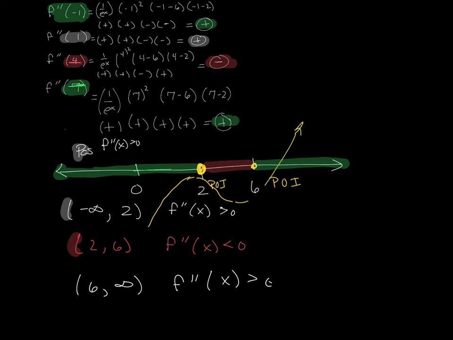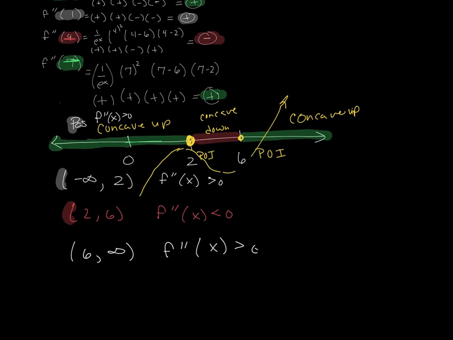So what that tells me is this portion of the graph that goes from negative infinity to 2 is concave up. The portion of the graph that goes from 2 to 6 is decreasing, so from this portion it is concave down. And lastly, the last interval will be concave up.